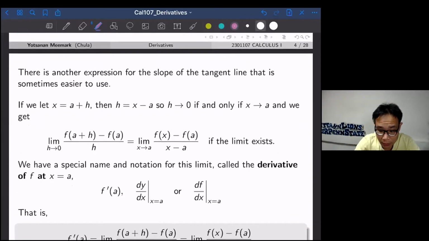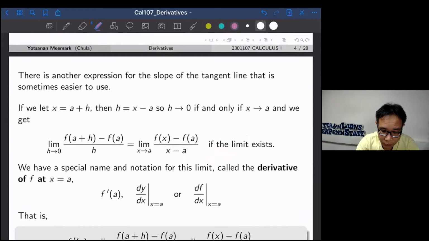We let a plus h equal to x. In this case, a plus h turns out to be x, and h turns out to be x minus a.